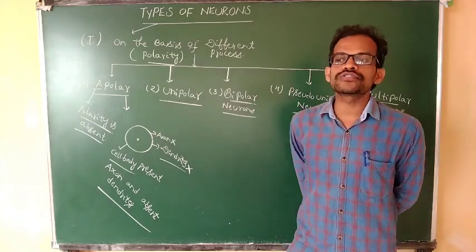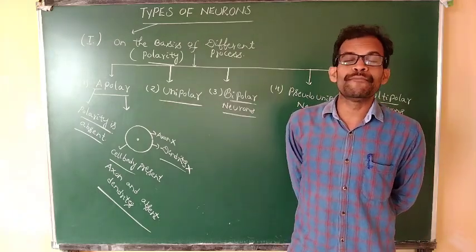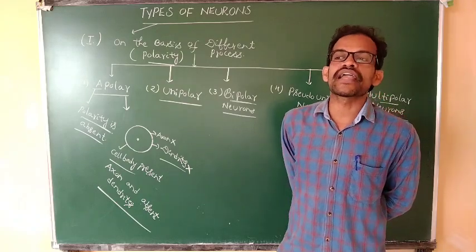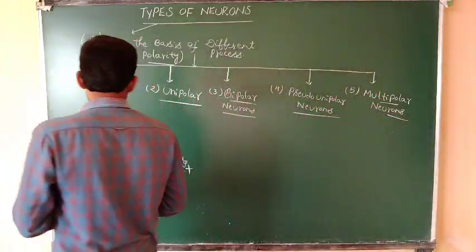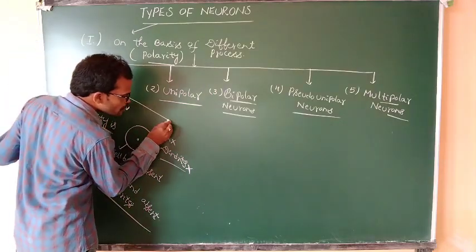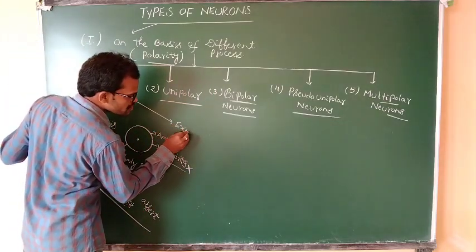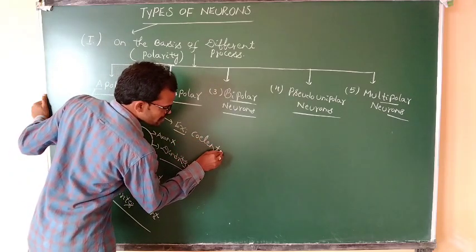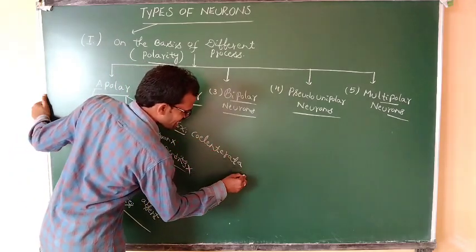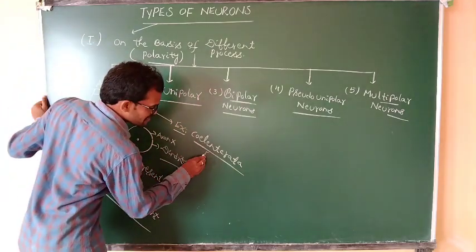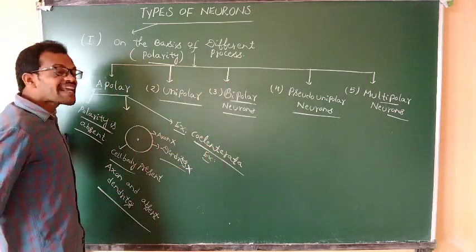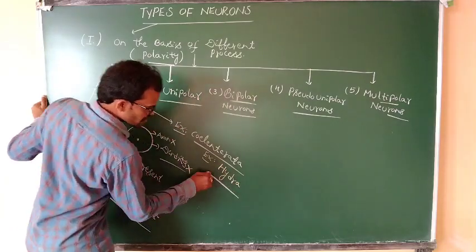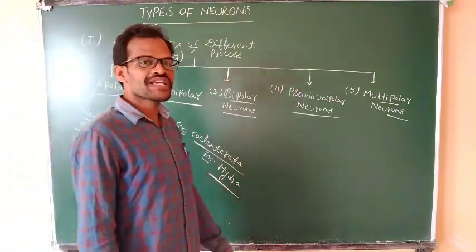This type of neuron you can observe in Cnidaria. What is the best example? Hydra.